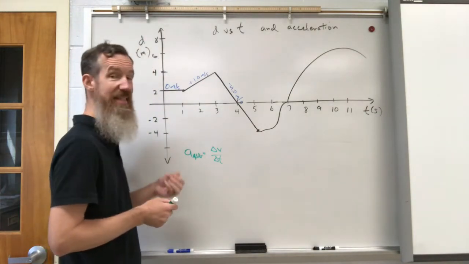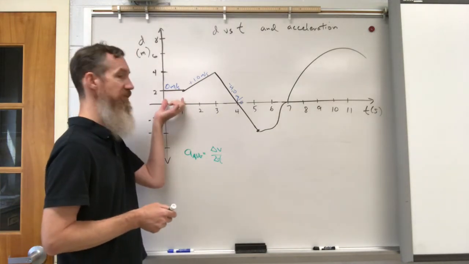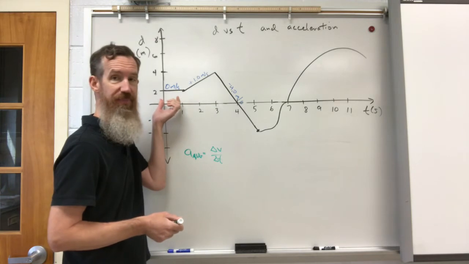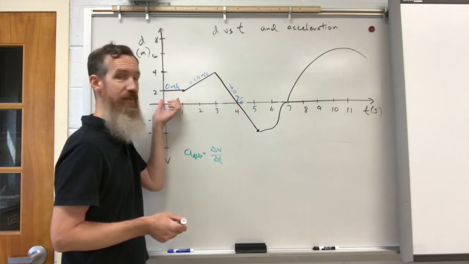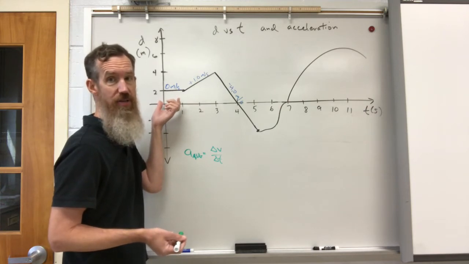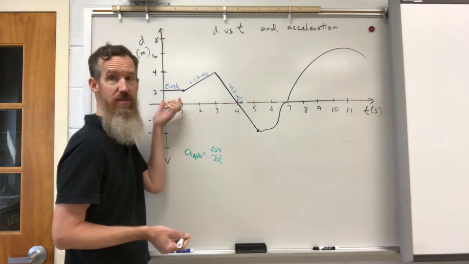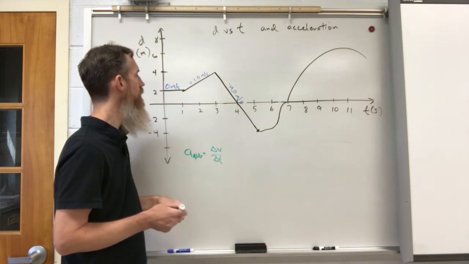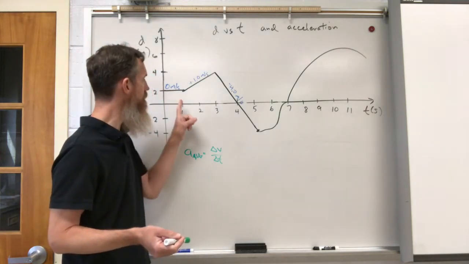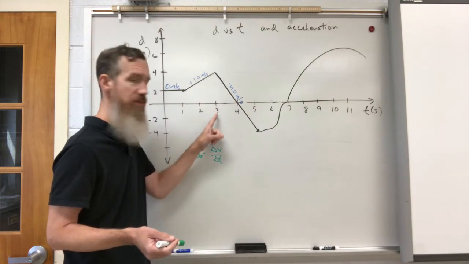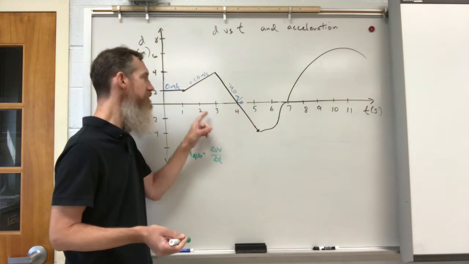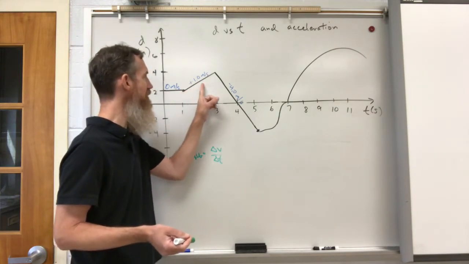If I were to ask the average acceleration for the first second, well, I'm not moving at all. And if I'm not moving at all, I'm not changing velocity, and so there would be no average acceleration here. There's no speed, there's no acceleration. If I were asked the average acceleration from time 1 to time 3, note, this is a constant speed.